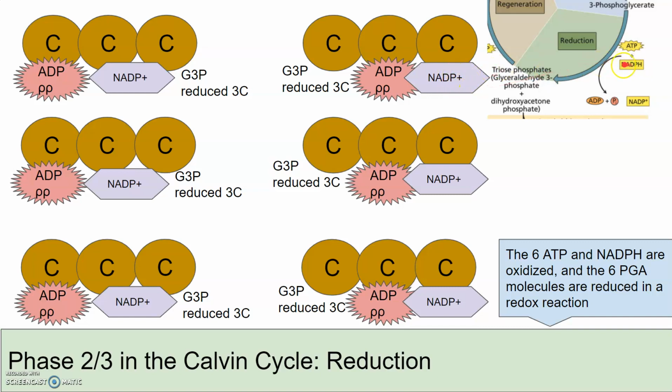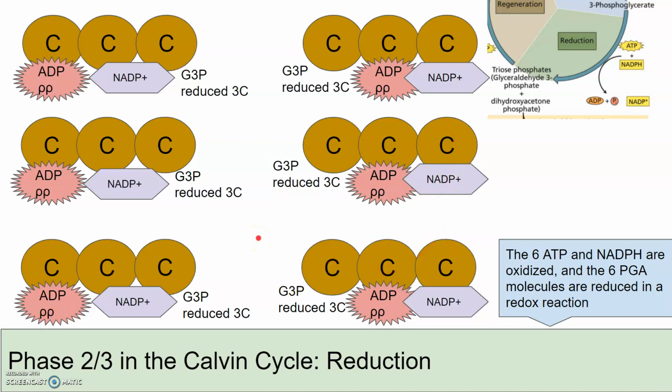You can also see on the diagram the NADPH changed into NADP+. So ATP and NADPH were oxidized. The 6 PGA molecules are reduced. They're still each 3-carbon molecules, but they're now called G3P. I've represented these redox reactions with color changes, so you'll notice they look a little different than the previous slide.